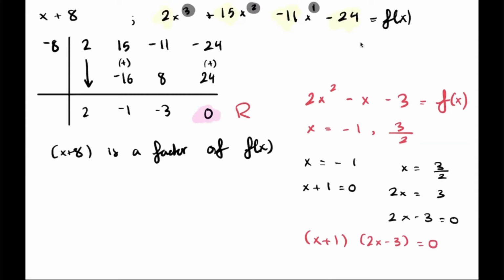So these are the other factors of this polynomial, as well as x plus 8. So x plus 1 and 2x minus 3, these are the factors for this polynomial. So this will be our final answer.